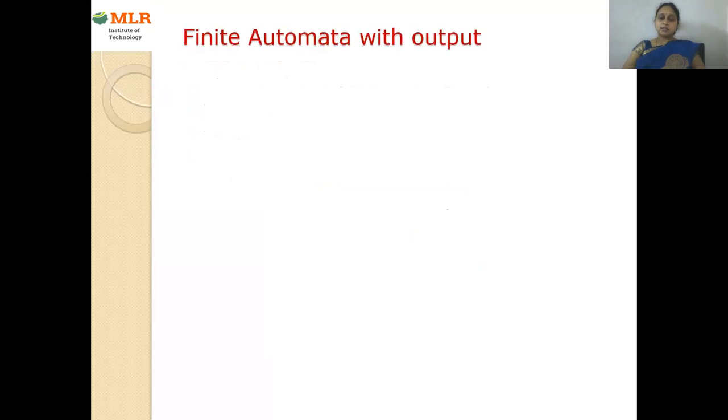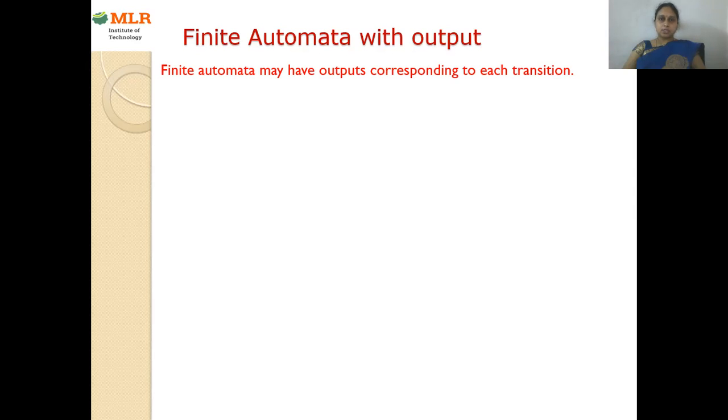As we already discussed at the start of the subject, finite automata are classified into two types: finite automata without output and finite automata with output. Whatever concepts we have discussed up to now, DFA, NFA, NFA with epsilon, come under finite automata without output.